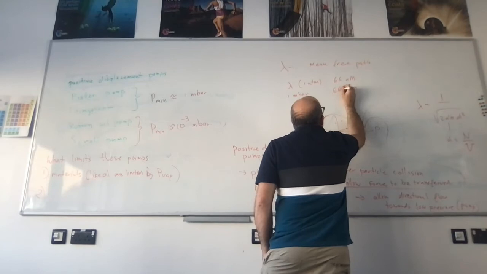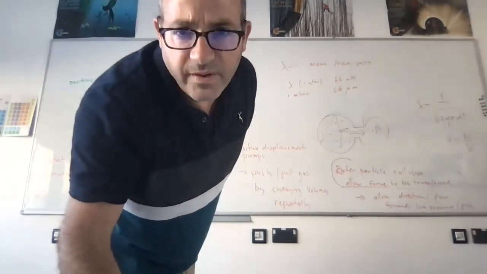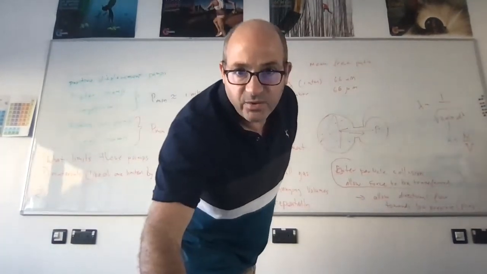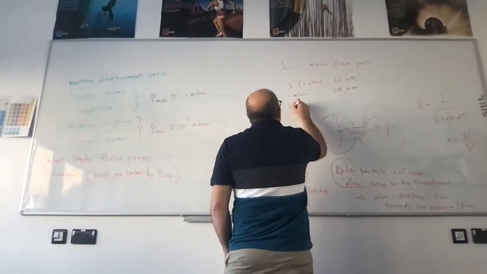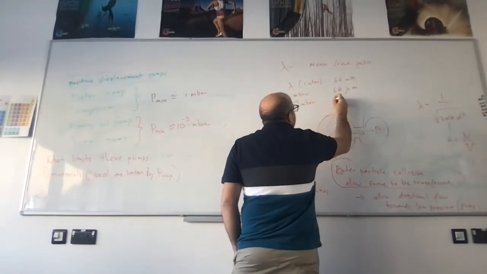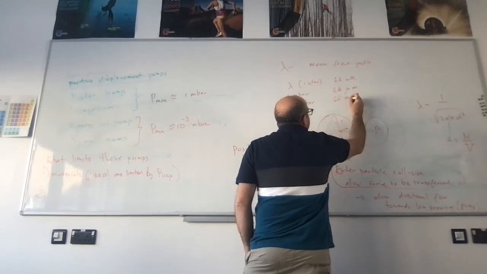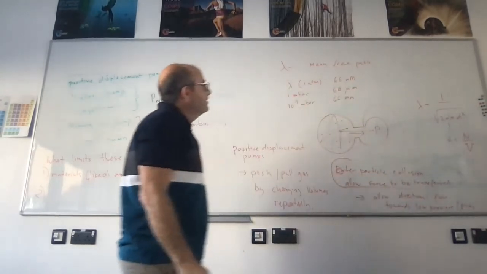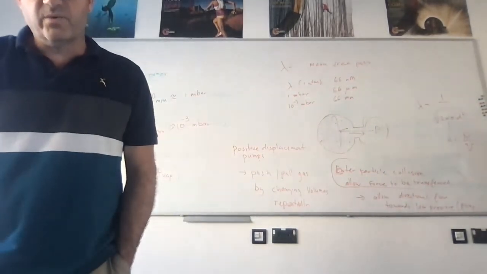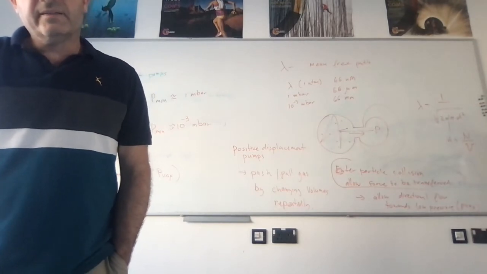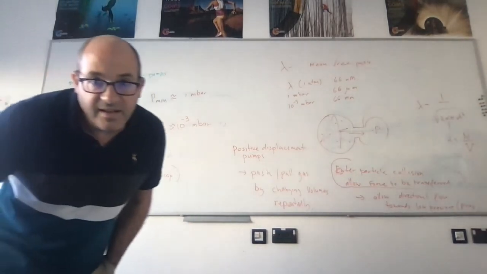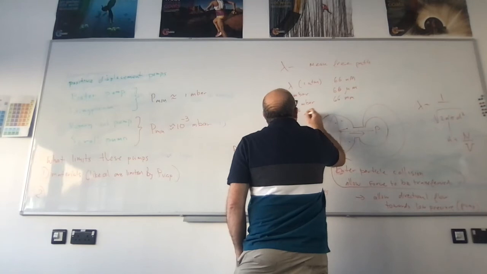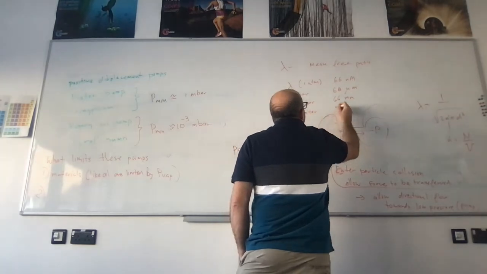At 10 to the minus 3 millibar, I have 66 millimeters. The 66 is not important, just a number that comes out of that equation for nitrogen. And at 10 to the minus 6 millibar, I would have 66 meters.